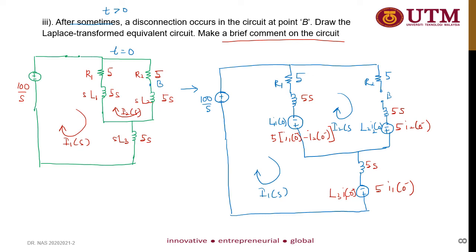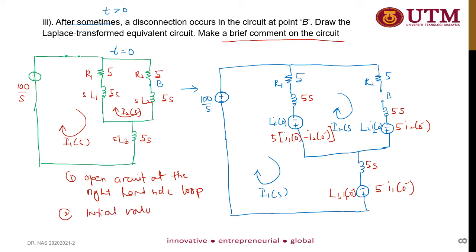First, there is an open circuit at the right hand side loop, or at point B. And second, there will be initial values applied to the inductors due to energy storage inside the passive components.